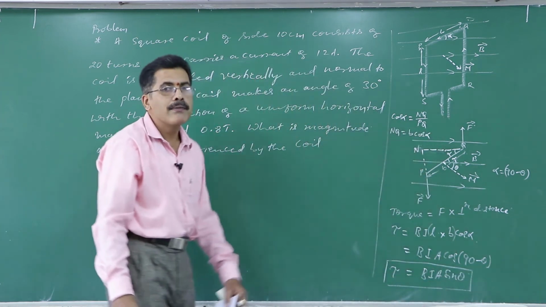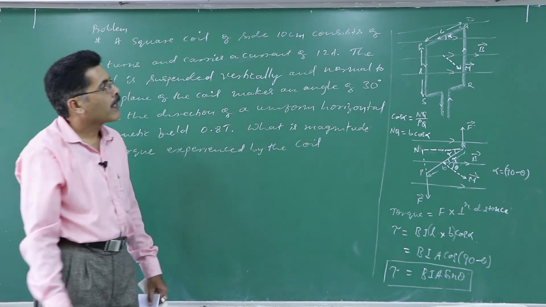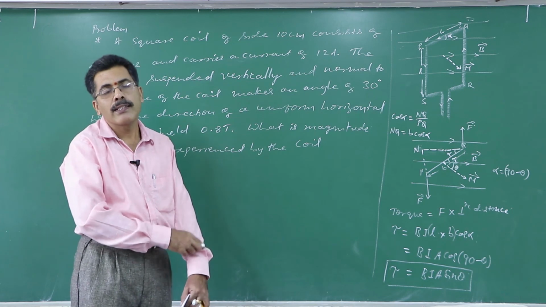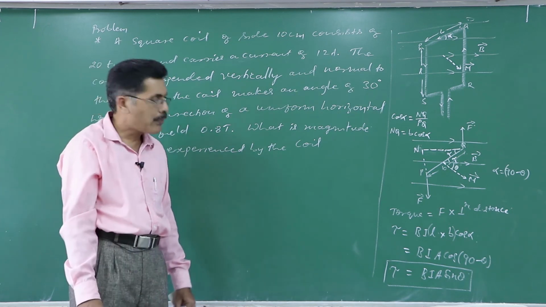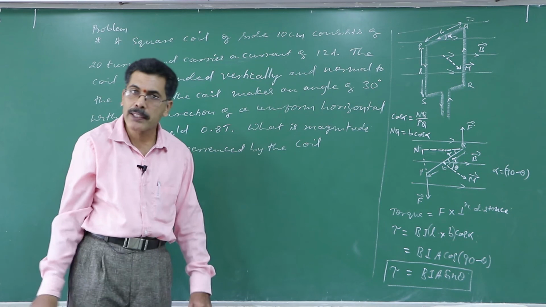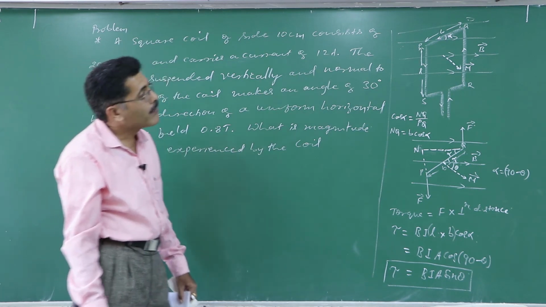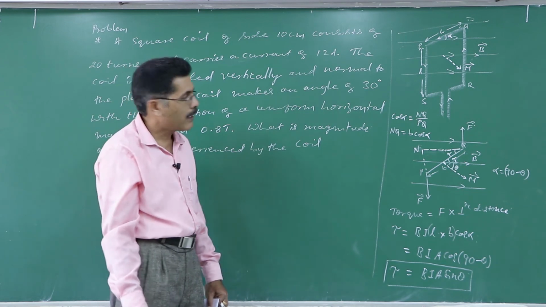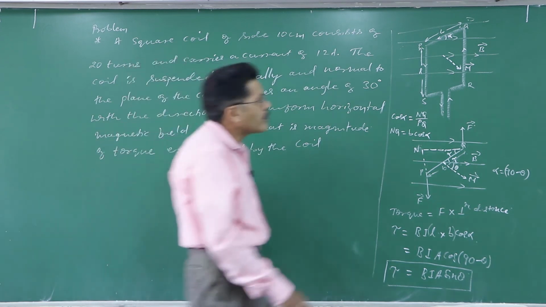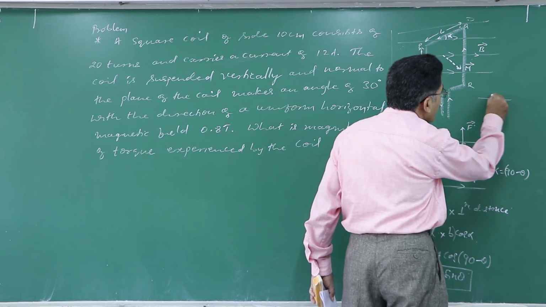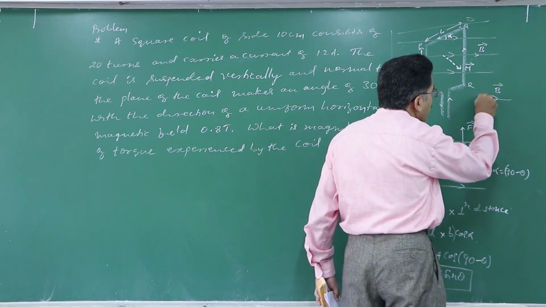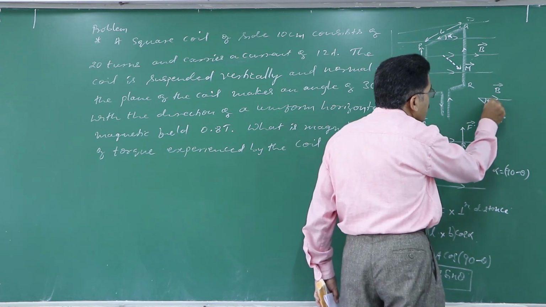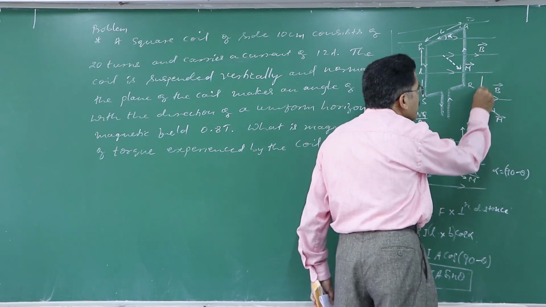See, in our previous derivation, we have taken the normal drawn to the plane of the coil at right angles to the magnetic field. On the basis of that, we derived the expression for maximum torque. If the plane of the coil makes a certain angle with respect to the field direction, then in such a case, the magnetic field will be in this direction and magnetic moment M is in this direction. The torque is acting here.